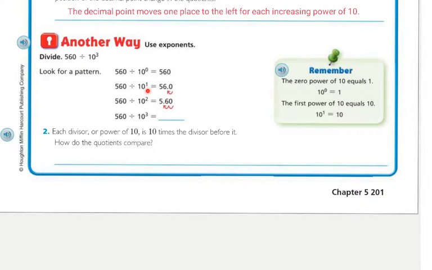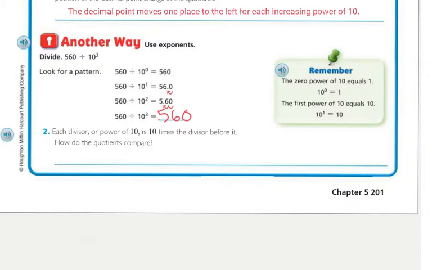But with the first power of 10, I move my decimal over 1. The second power of 10, I move my decimal over 2. So the third power of 10, I'm going to move my decimal over 3 times. So I'm going to end up with 0.560, or 56 hundredths. Each divisor or power of 10 is 10 times the divisor before it.